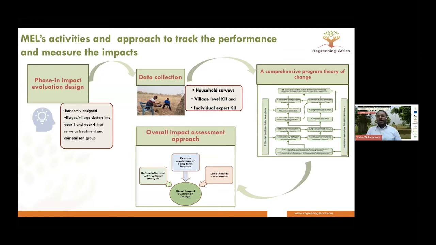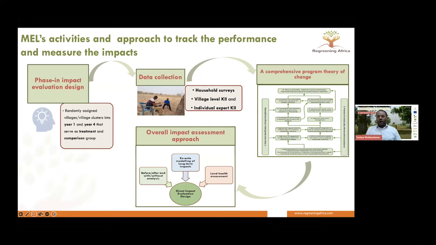We have carried out data collection at the household level at the baseline back in 2018, and also some uptake surveys to track the progress in the uptake of regreening initiatives. This year, the endline survey, which we have already conducted in 5 countries, is also underway for 2 countries, Kenya and Senegal.